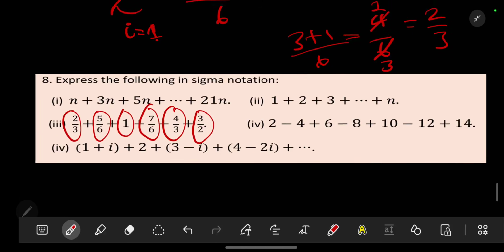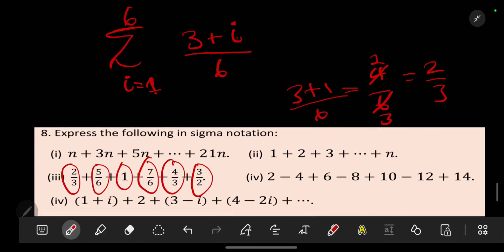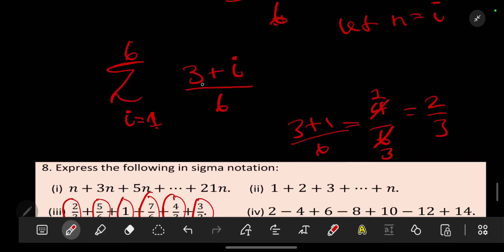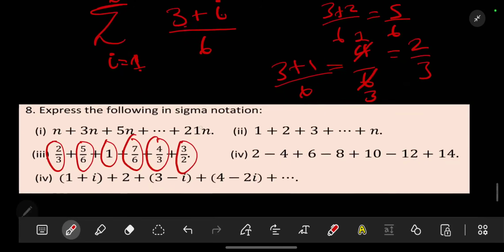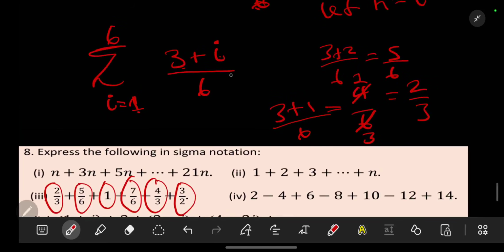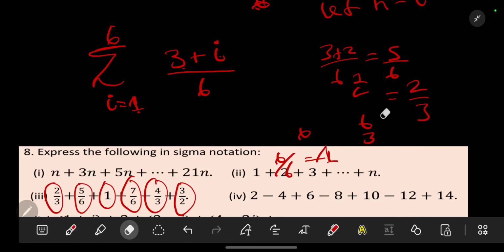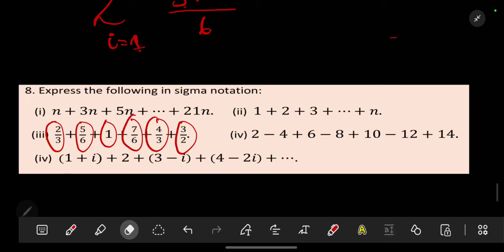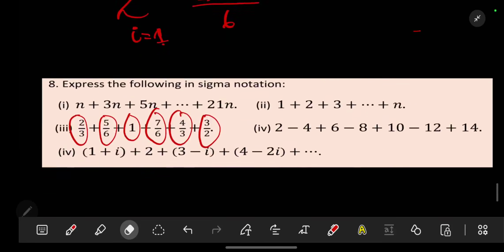If you put a 2, it will still be valid because it will be 3 plus 2 over 6, which will be 5 over 6. If you put 3, it will be 3 plus 3 over 6, which will be 6 over 6, which will be 1, which is here. So that is one of the sigma notations that you can use.